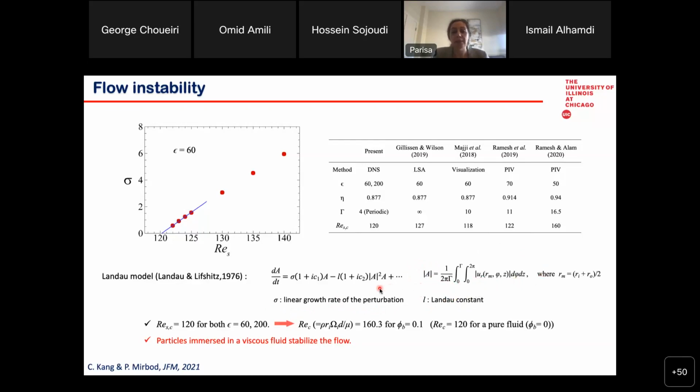I'm not going through the details, as all of those details are already published in our JFM paper.